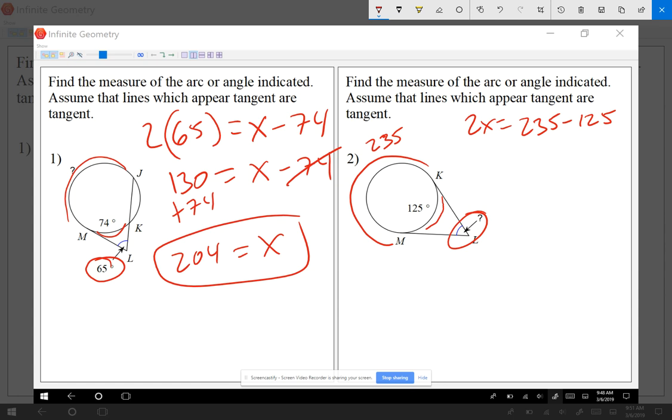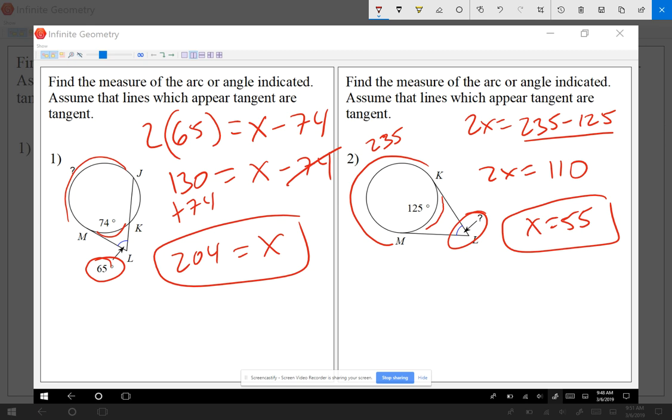I'm going to subtract the two arcs. I can combine 235 minus 125, so I have 2x is equal to 110. To get the x by itself, divide both sides by 2. X, in this case, is 55.